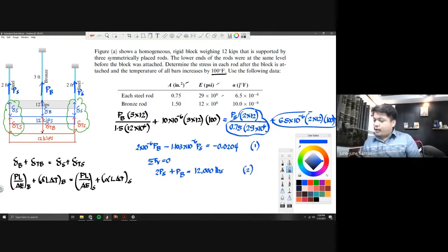You got equation 1 and then you got equation 2. So let's solve simultaneously. 2 times 10 to the negative 6, negative 1.103 times 10 to the negative 6, negative 0.0204, then 2, 1, 12,000. All right. So you will be having here, wait lang.